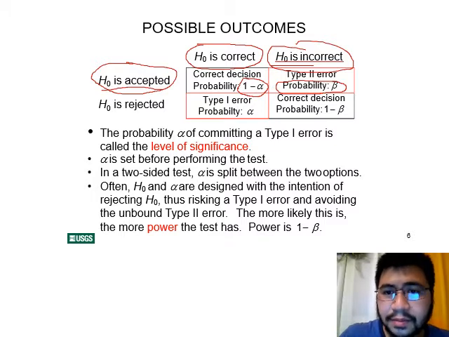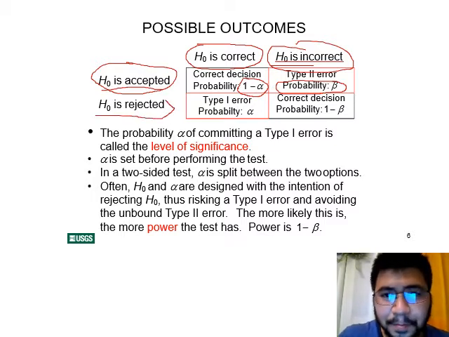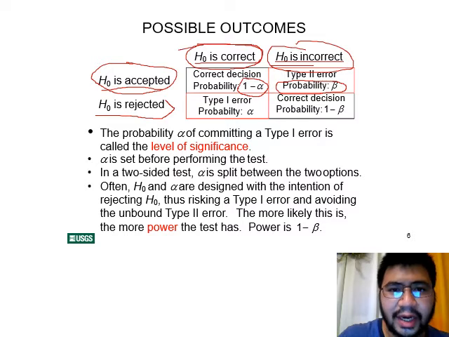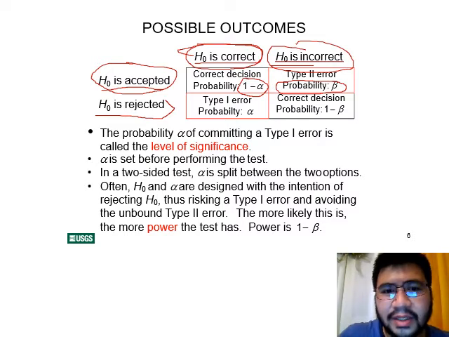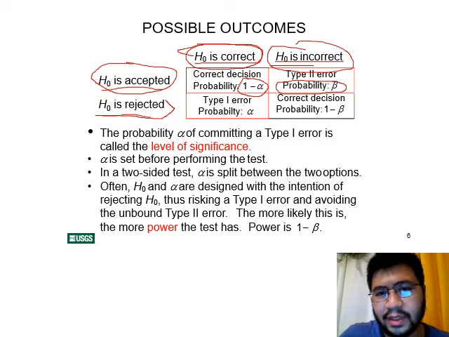Going back, we have the lower left value, where we reject the null hypothesis, but in fact, the null hypothesis is actually correct. So this is sort of a false negative scenario. We rejected the null hypothesis, but it's actually correct.